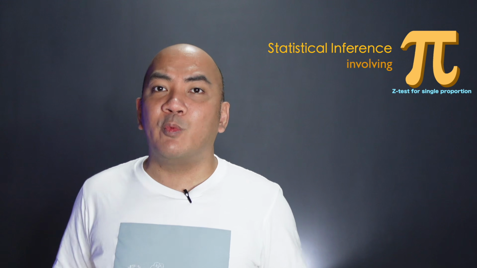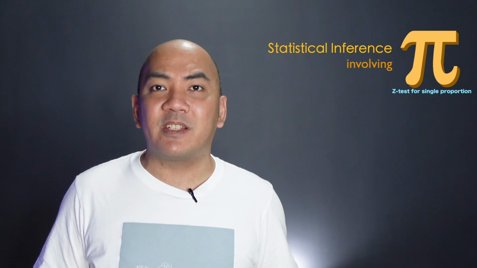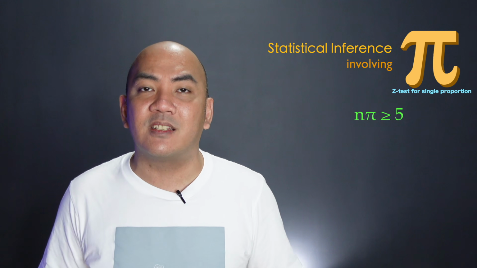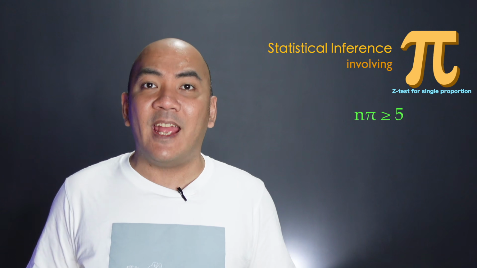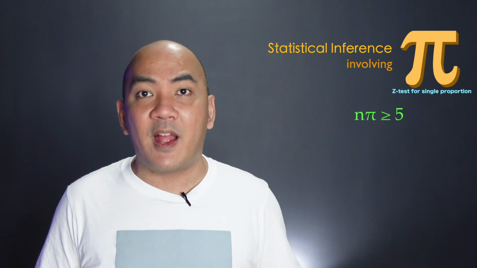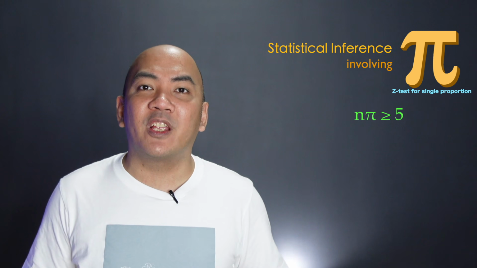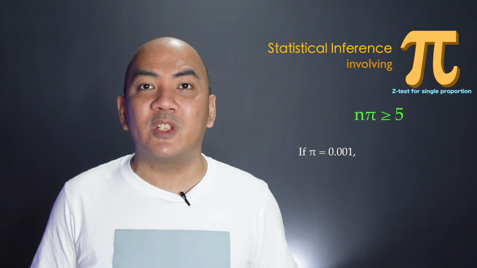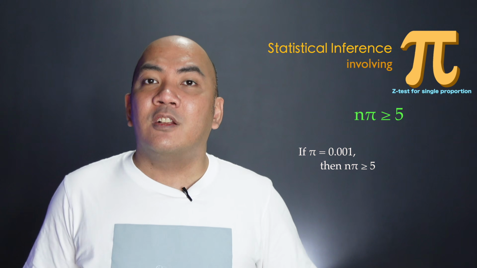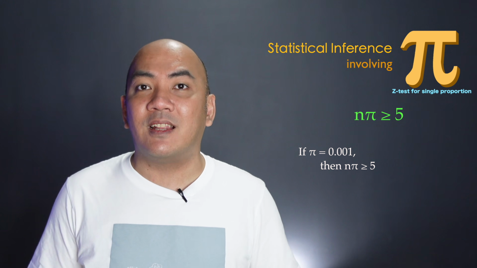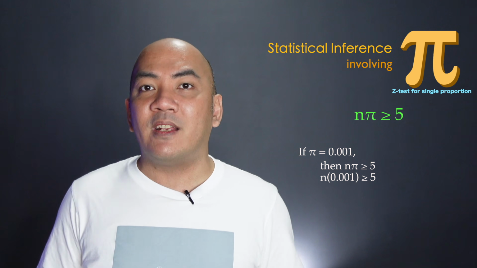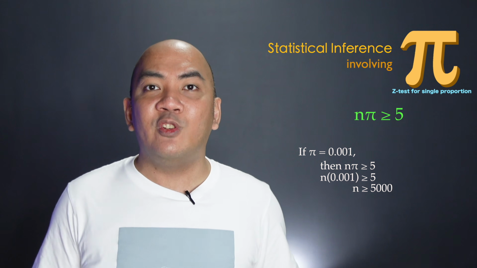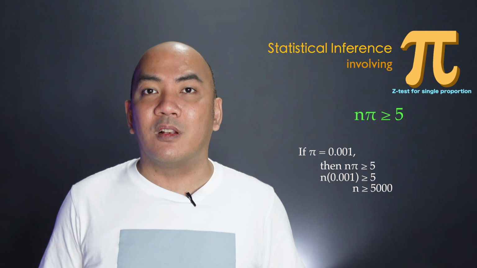Now, the thing about working with proportions is that at times, it may require large sample size so that n times pi and n times 1 minus pi is at least 5. For example, if you're working with the data in which the hypothesized proportion is 0.001, which indicates a rare disease, to satisfy n times pi, which is at least 5, substitute pi as 0.001, then you need at least 5,000 samples.